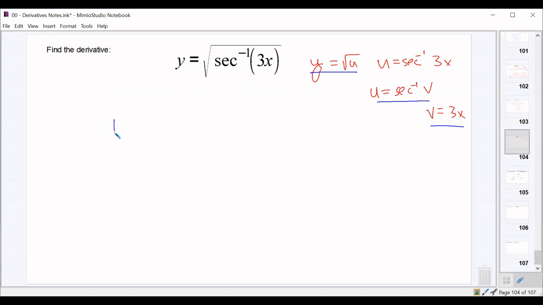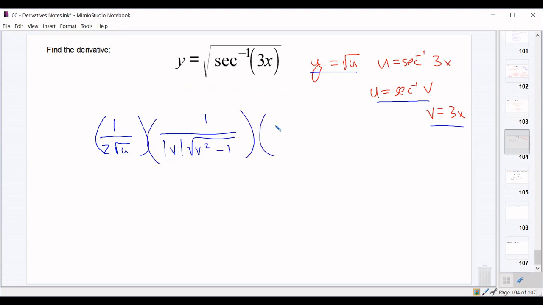dy du is 1 over 2 root u. The derivative of inverse secant of v is 1 over the absolute value of v times the square root of v squared minus 1. And the derivative of v is just 3.